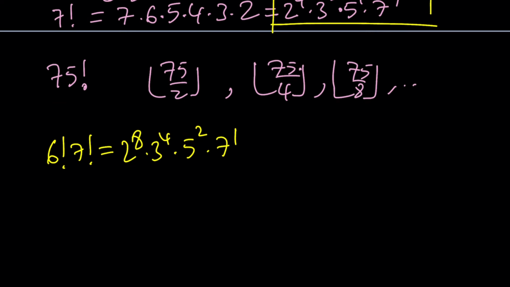We're going to go ahead and split up this number into consecutive factors, such as 1, 2, 3. But wait a minute, we don't really need to worry about 1 because 1 is always going to be there. It's called an empty product. That kind of also explains why 0 to the power 0 is equal to 1. I know some people still insist on that not being 1, but anyways, that's a different story.